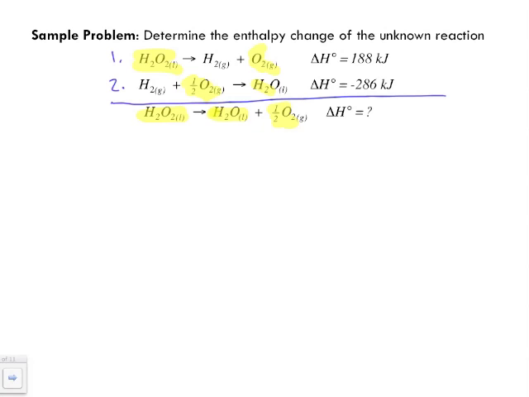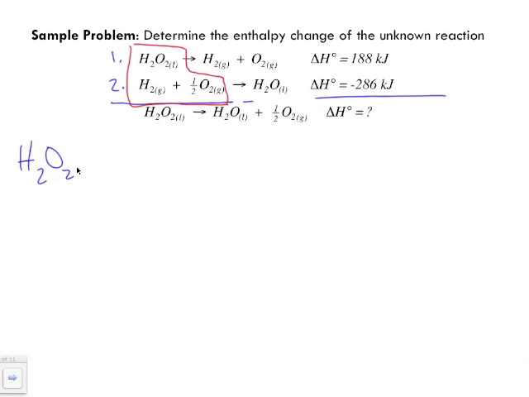So what we're going to do now, let's delete some of this so we can see it. We're going to combine our reactants together, because they look like they're in line with our target equation. So let's line them up and rewrite them, and we get as follows.